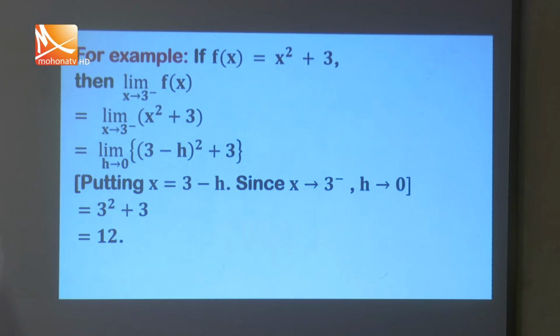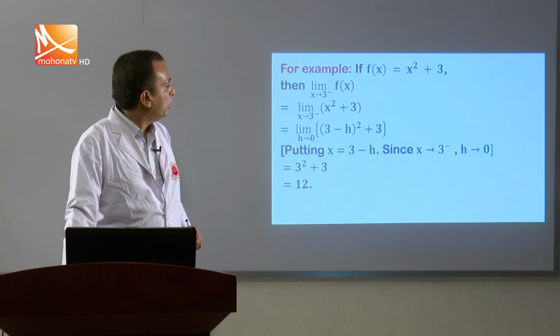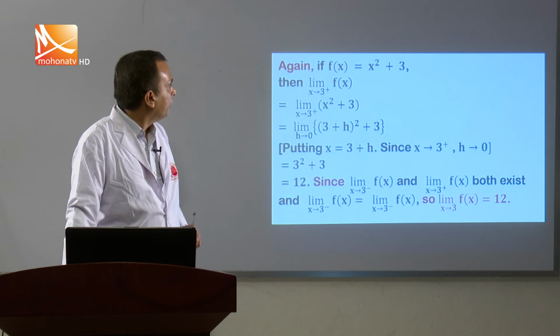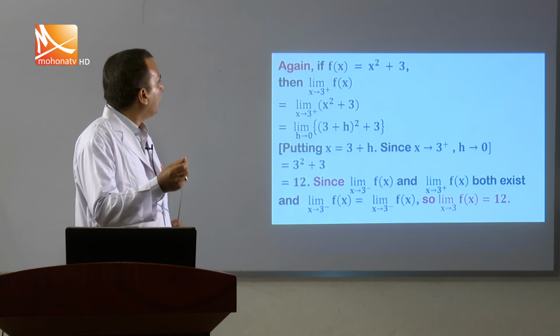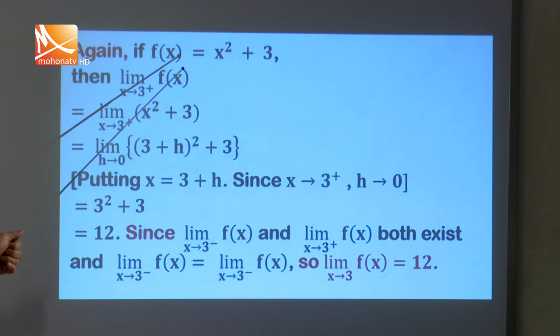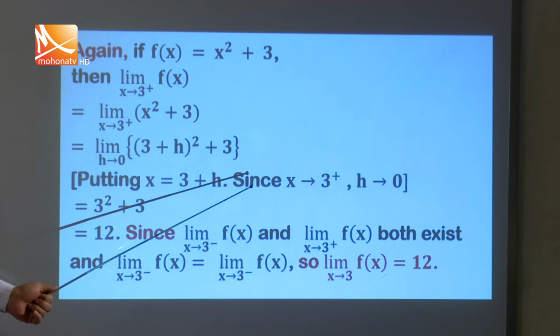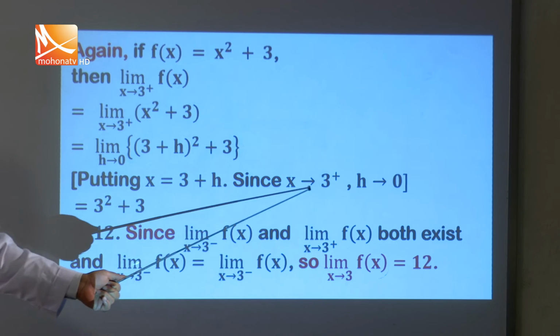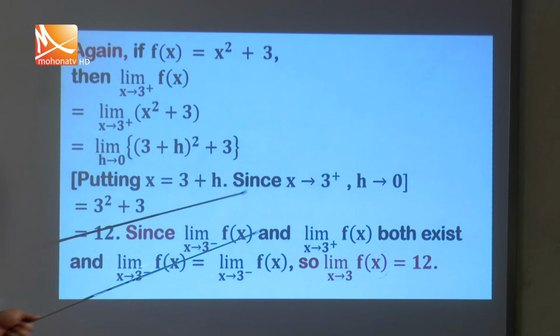Okay, dear student, we are going to see another one. Again, if f(x) is equal to x square plus 3, then consider the limit as x tends to 3 plus of f(x). Since f(x) is x square plus 3, as we put x equals 3 plus h, since x tends to 3 plus, so h tends to 0.